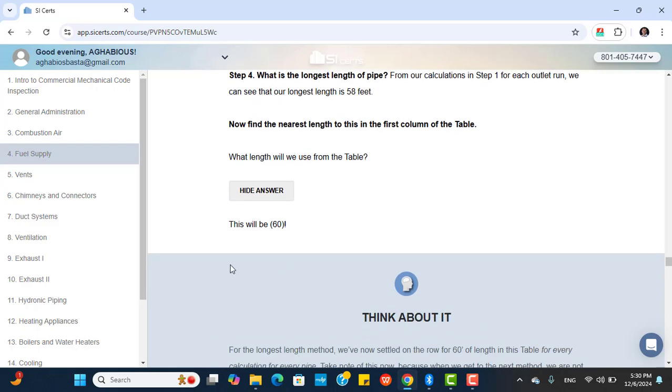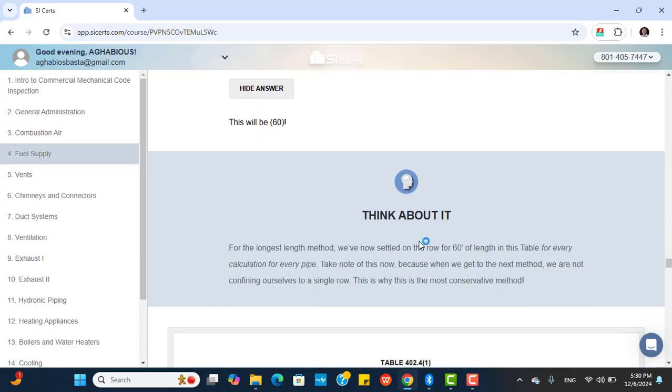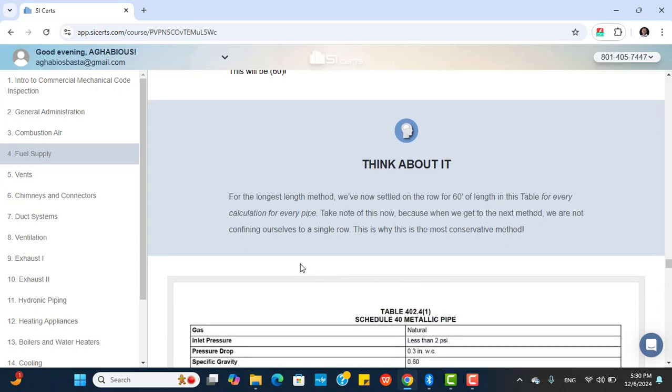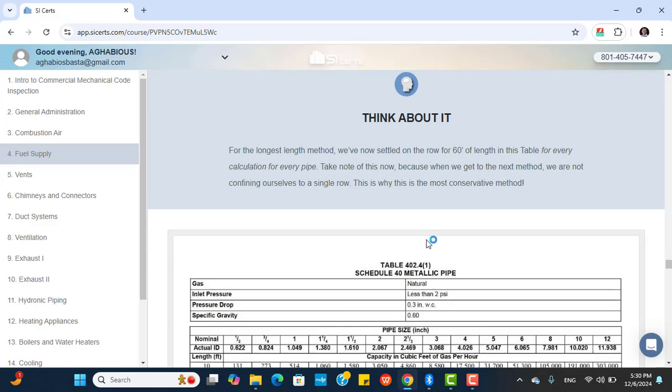So the longest length is 60 feet. Think about it. For the longest length method, we have settled on the row for 60 feet of length in this table for every calculation for every pipe. Take note of this now, because when we go to the next method, we are not confining ourselves to a single row. This is why this is the most conservative method.